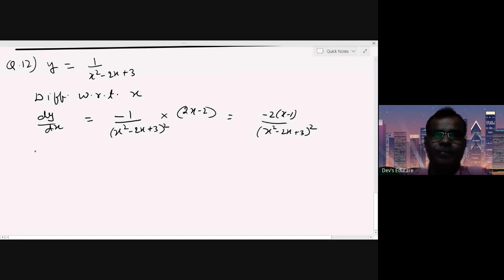Now, find the equation of all lines having slope 0. It's given that the slope of all lines is equal to 0.